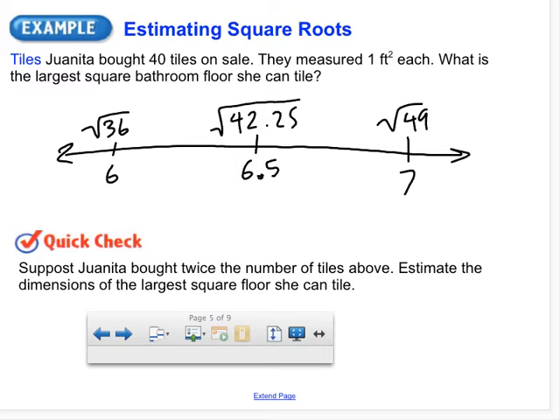Now, which side of that interval does the square root of 40 sit? You're saying the left interval? Okay. So what are we going to estimate that to be? Nice, 6 and 25/100ths. Punch it in your calculator, see how close we are.